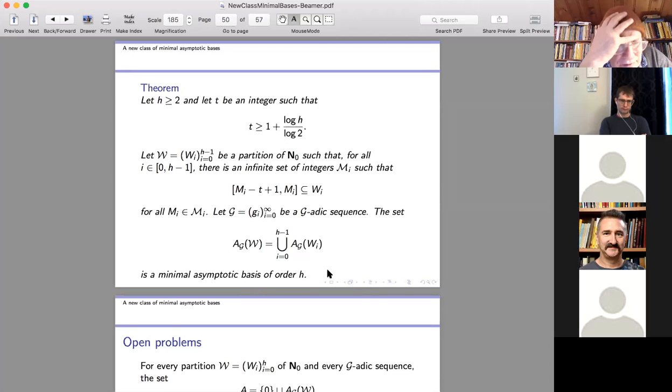This is exactly the opposite of the first example I showed of a minimal asymptotic basis. In that first example, I fixed a number h, and I partitioned the integers into h sets. The i-th set was all the numbers congruent to i mod h. So those sets were arithmetic progressions with common difference h.